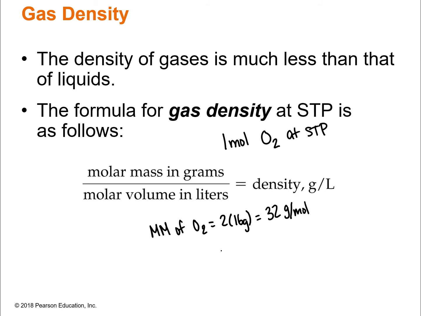And if we have 1 mole of it, the volume is equal to 22.4 liters. So our molar mass expressed in grams divided by the molar volume would give us the density.